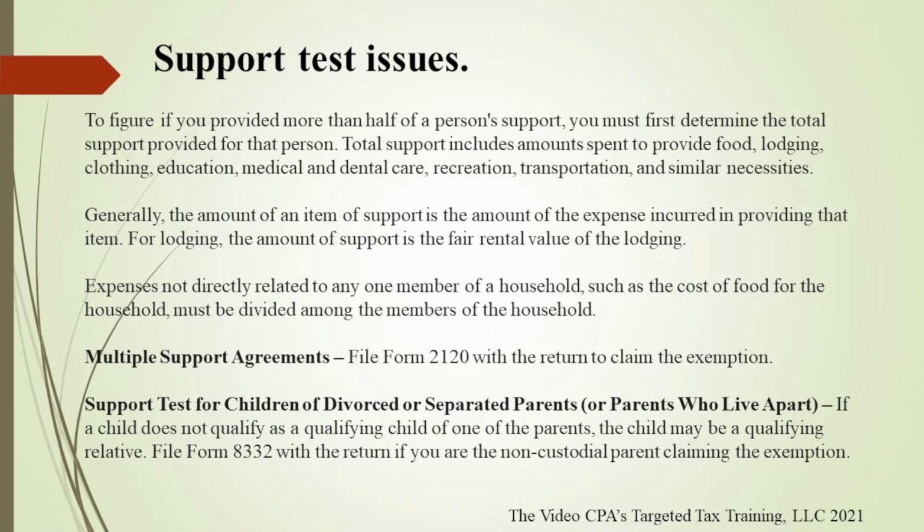And another thing that I see quite a bit is that, especially in divorce situations, a lot of times one of the spouses will file the return early, and they will claim the child, even when they should not, but they will claim the child on their tax return and list the Social Security number. And by the way, you do have to have Social Security numbers for these dependents.